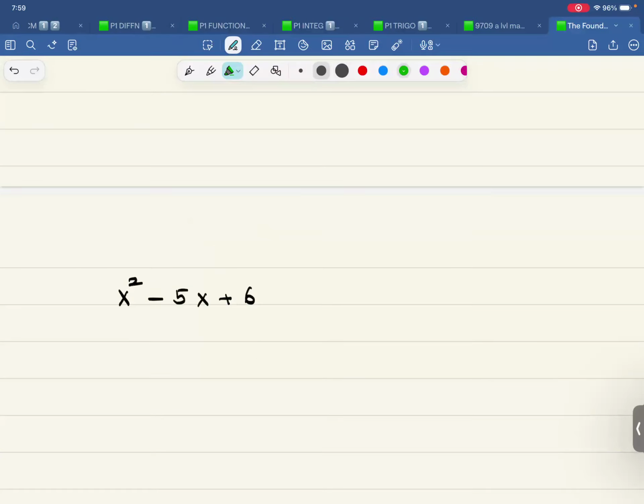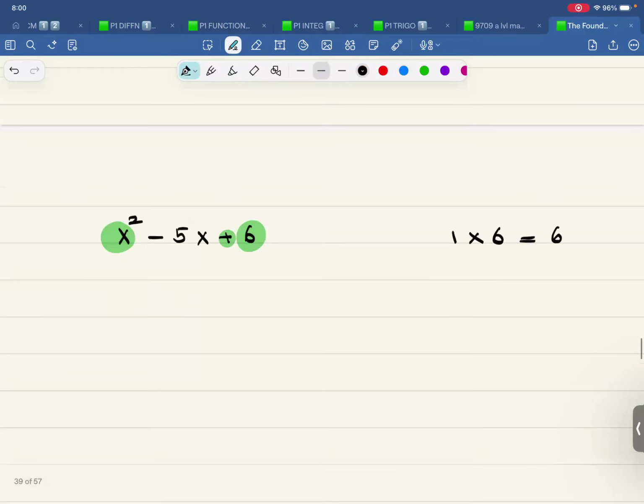When we are talking about middle term breaking, focus on the coefficient of x square and on the constant term. So this is 1 into 6, that is 6. Break the middle term in such a way that it adds up to negative 5x and multiplies to give you 6. This is what you have learned. So I'll write x square minus 2x minus 3x plus 6.